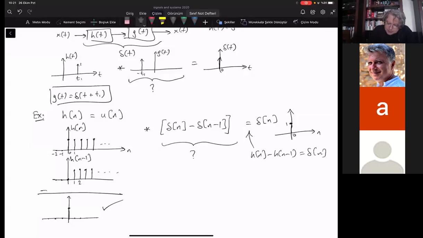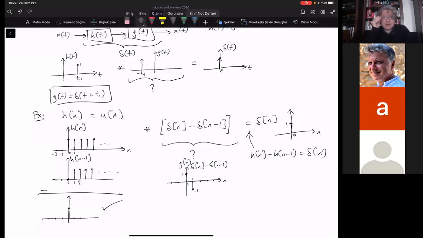So I found the inverse system, and the inverse system, if you want to plot it, looks like this. It is 1 at 0 and minus 1 at 1. And others are zeros. This is delta n minus delta n minus 1, which you could call g of n if you wish, on the axis of n.